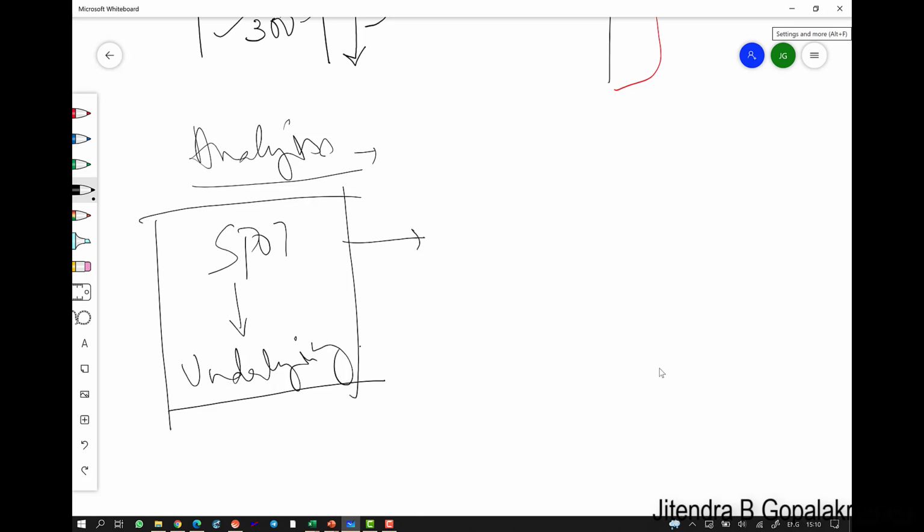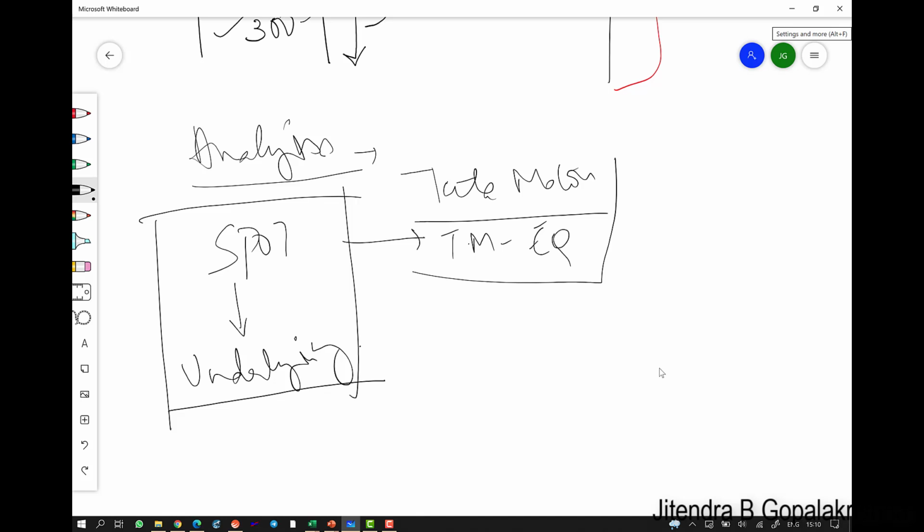For example, if you are going to trade on Tata Motors, so your spot is Tata Motors equity. So you will open the Tata Motors equity chart. That is where in this chart you will do your analysis. Pretty clear, right?